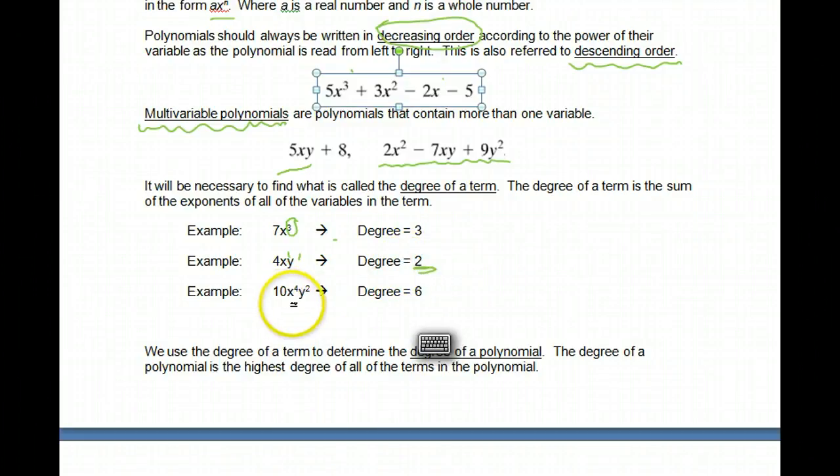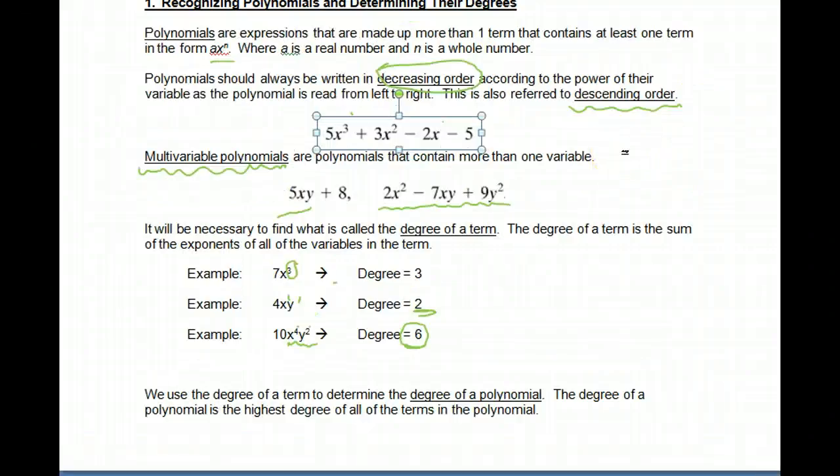And then the third example we have is 10x to the fourth y squared. When you look at the exponents that are associated with your variables, we have a 4 and a 2. So 4 plus 2 gives us 6. So that example has a degree of 6.